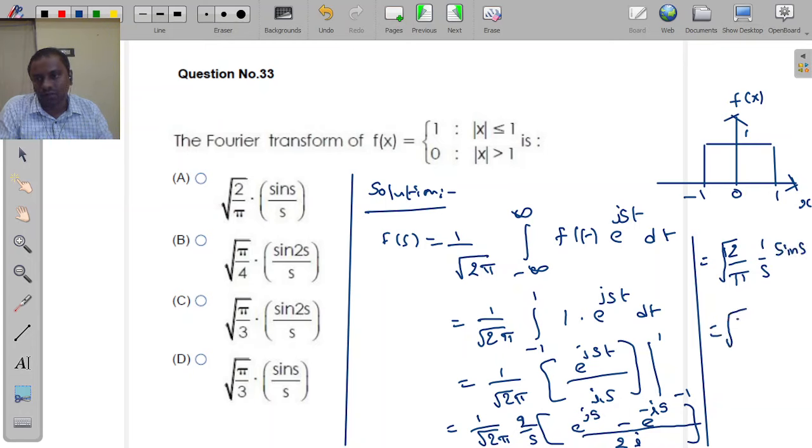So under root 2 by pi, sin s by s. So the answer for this problem is option A. Moving on to the next question.